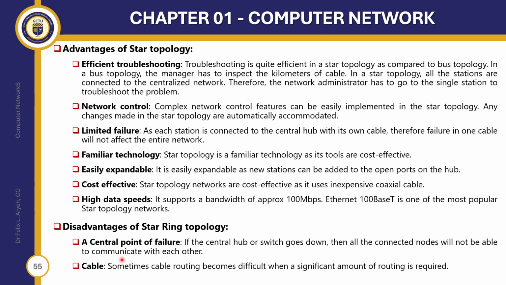And these are the disadvantages. So efficient troubleshooting. Troubleshooting is quite efficient in star topology as compared to the bus because we directly connect each node to the hub. So if there is a problem with one node not receiving packets on a network, it is easy to know that this node is the one.